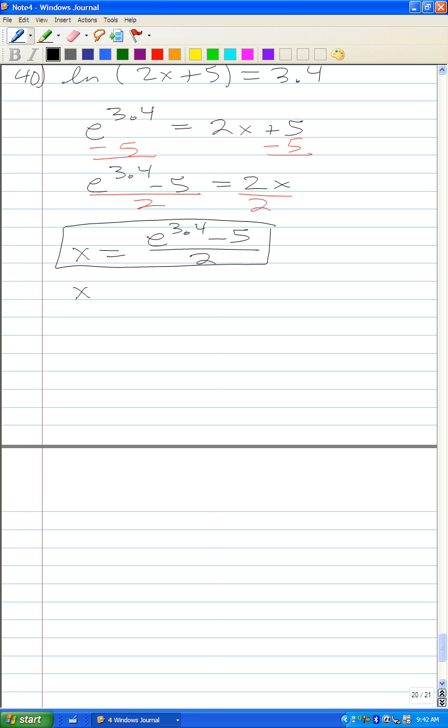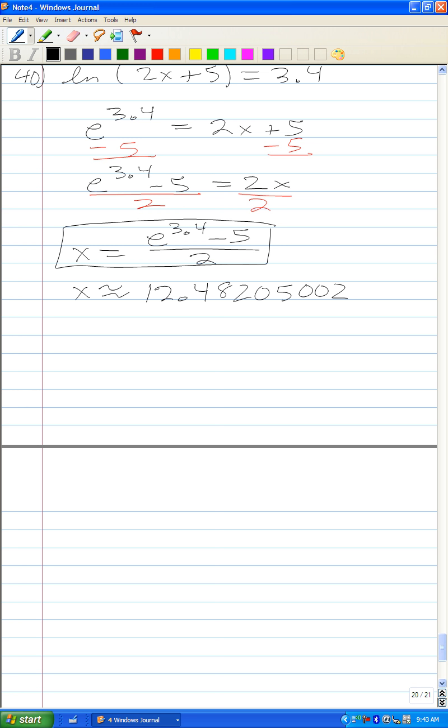And so x is approximately, let me plug that into my calculator, e to the 3.4 minus 5 divided by 2 is 12.48205002.